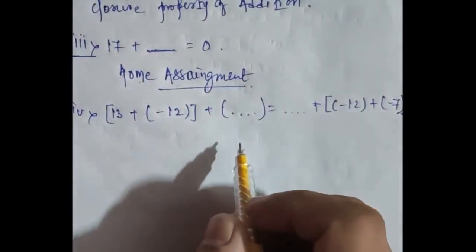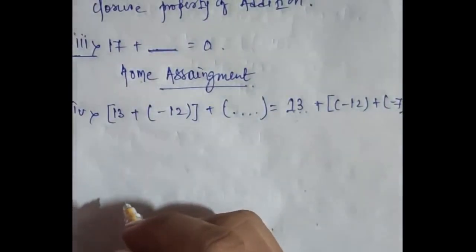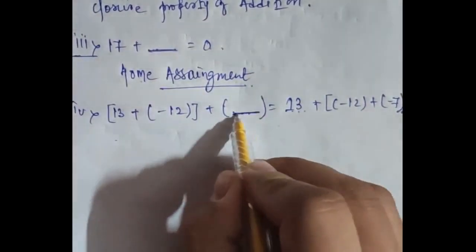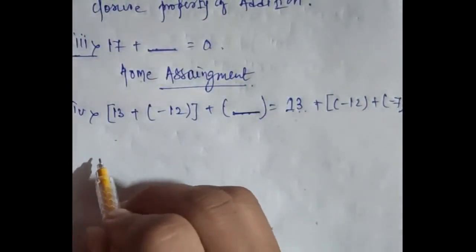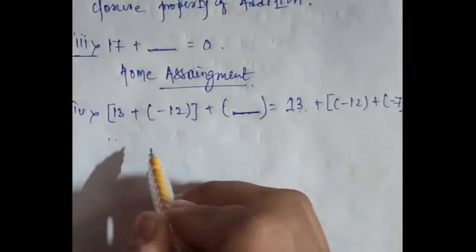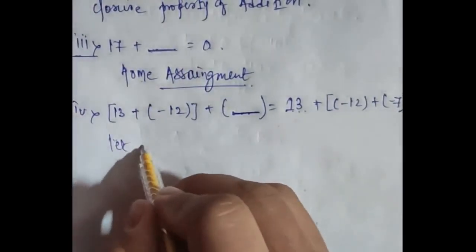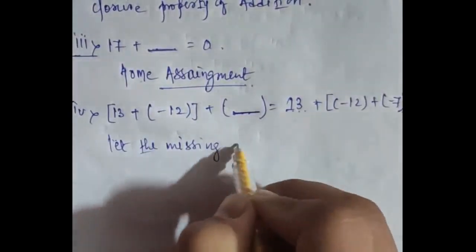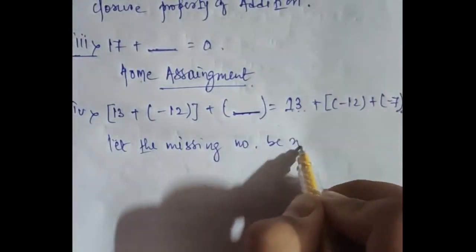Here again what we have to do is put x in the missing number. We will assume x. So let the missing number be x.